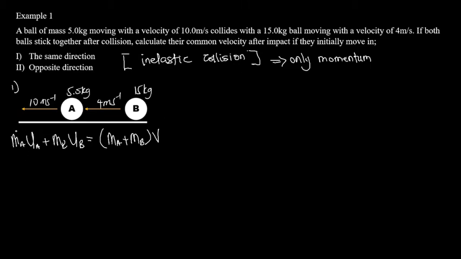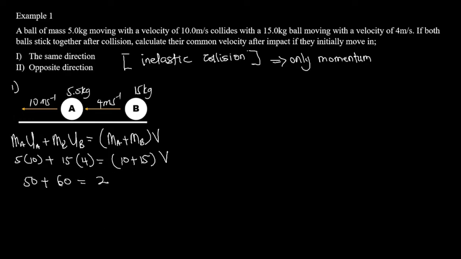So before collision, the mass of our body A is 5, so we have 5 multiplied by the velocity, which is 10, plus the mass of B, 15, multiplied by the velocity, which is 4, equal to the mass of A plus that of B, with the common velocity we don't know, so we have V there. So 5 multiplied by 10 will give us 50, plus 15 multiplied by 4 will give us 60.